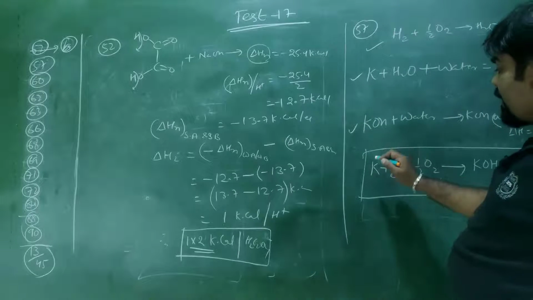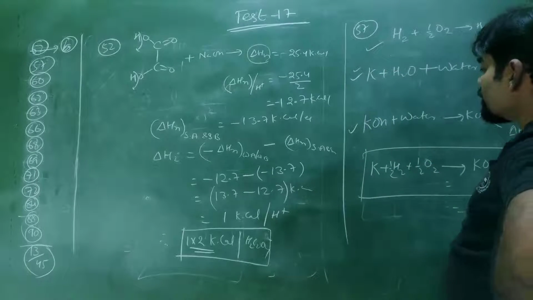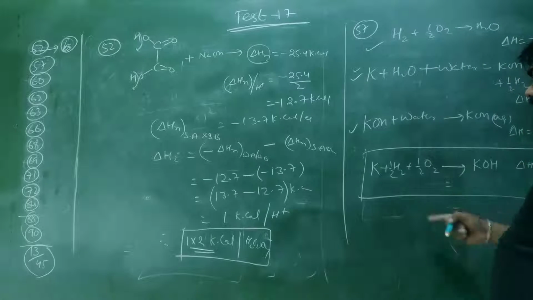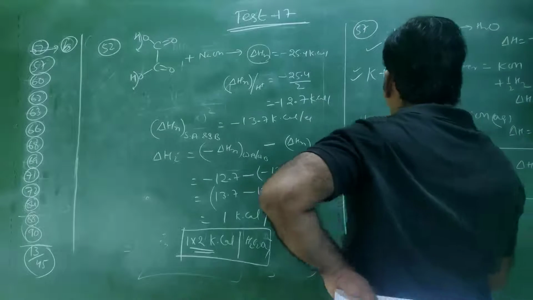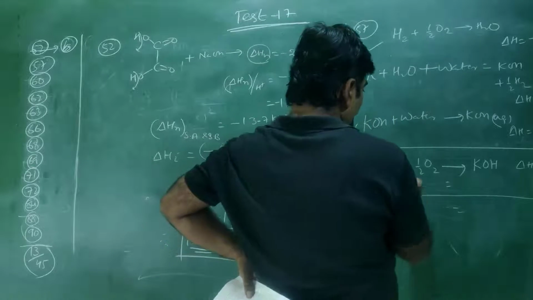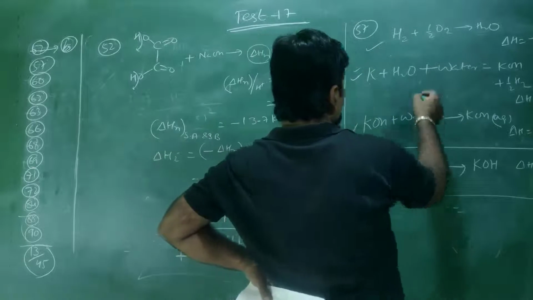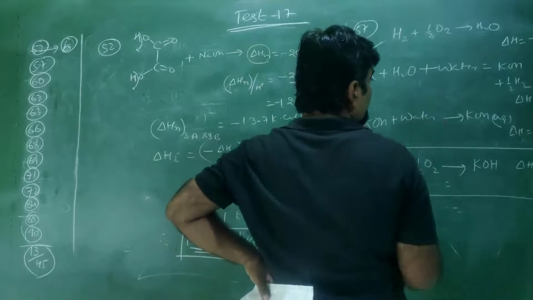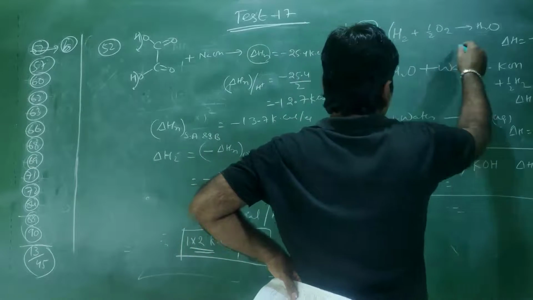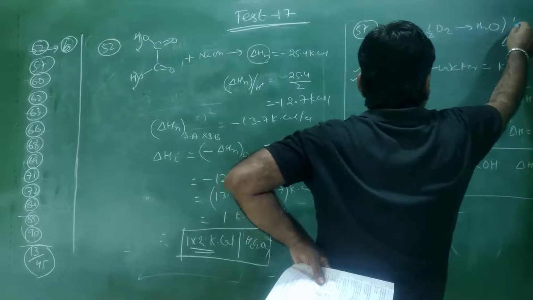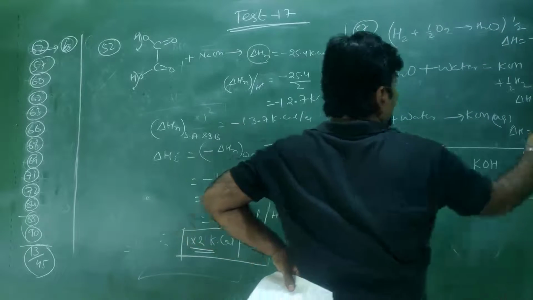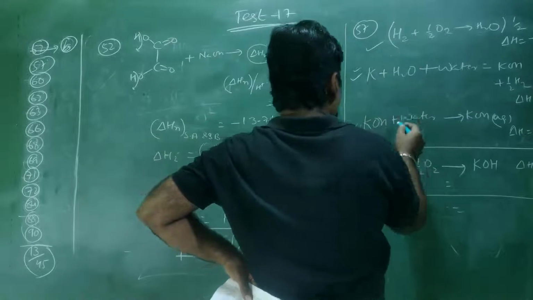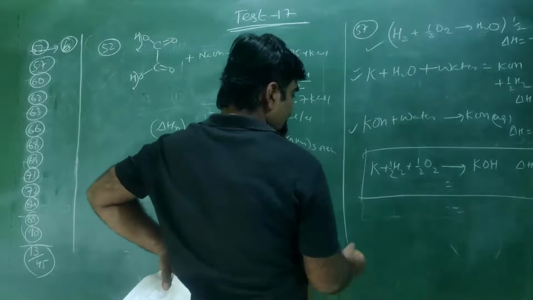Fine. So we'll get K from the second equation, and H2 and O2 from the first equation, and then we'll do that. So from first and second, we want half H2 and half O2. So the first is multiplied by 1 by 2, and the second is also multiplied by 1 by 2. Then first and second will be added.